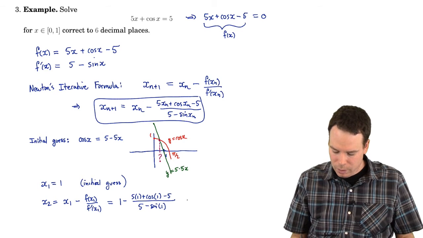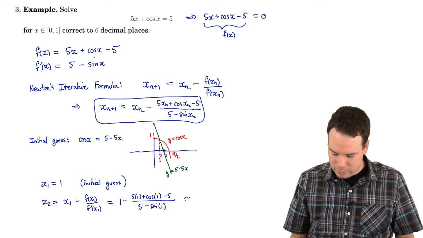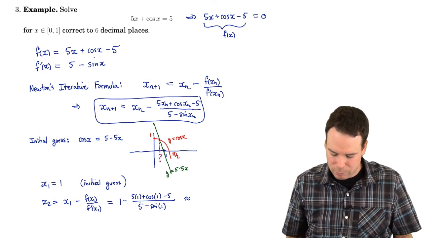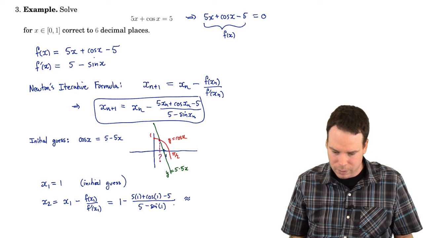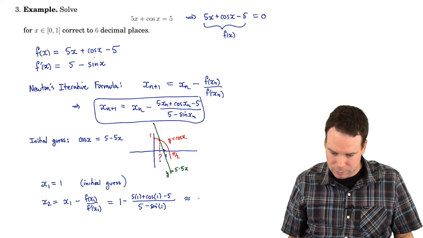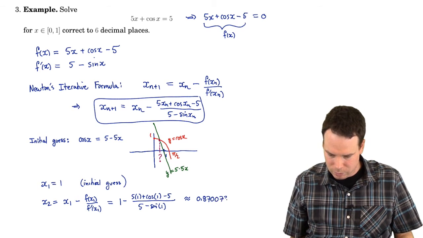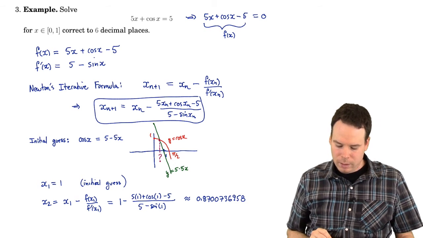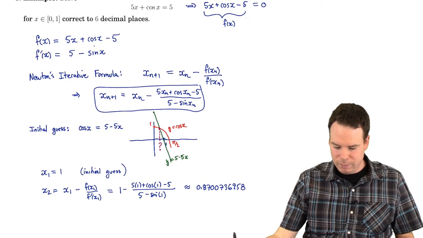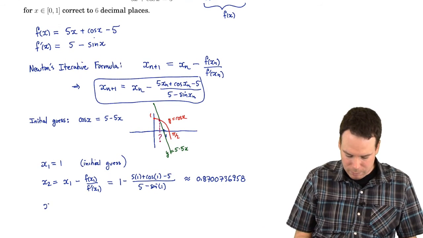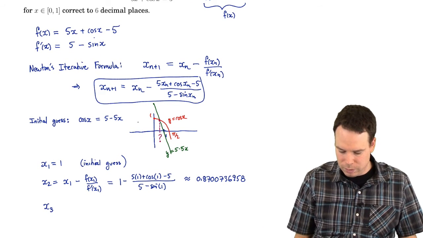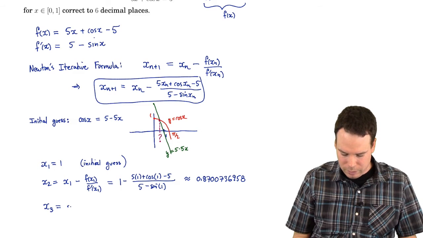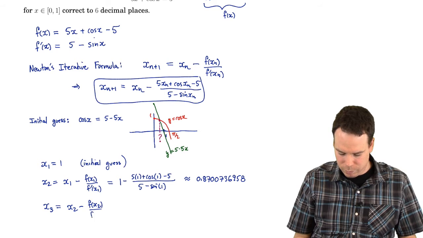For right now, we work this out using a computer or a calculator, and we get the value of, this is approximately 0.8700736958. Now what do? Well, we take that number that just came out and we feed it back in to Newton's iterative formula. So now we take x2 minus f of x2 over f prime of x2.